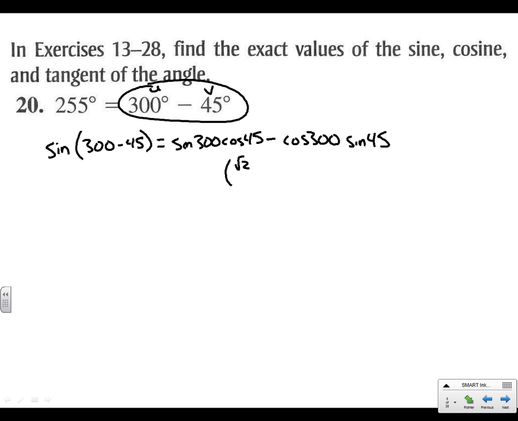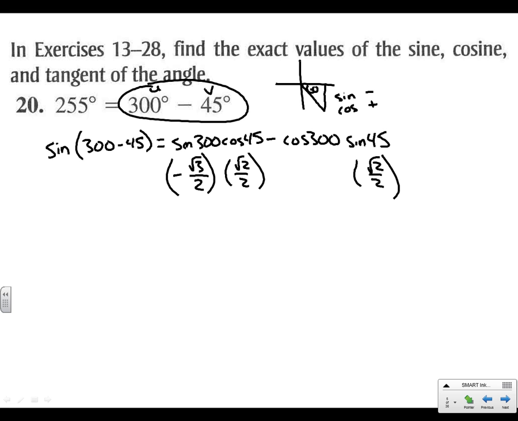All right, the 45s we know how to do. That's root 2 over 2. 300, if we think about the unit circle, is down here. And it gives you a reference angle of 60 in quadrant 4. In quadrant 4, sine is negative and cosine is positive. So the sine of 60 is root 3 over 2, and it's a negative sign in quadrant 4.